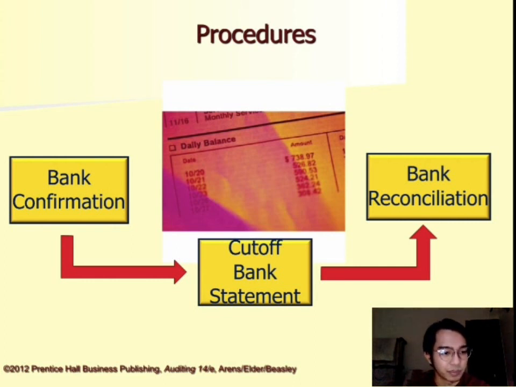Next is the cut-off bank statement. A cut-off bank statement is a partial period bank statement and the related copies of cancelled checks, duplicate deposit slips, and other documents included in the bank statement mailed by the bank directly to the CPA firm's office.